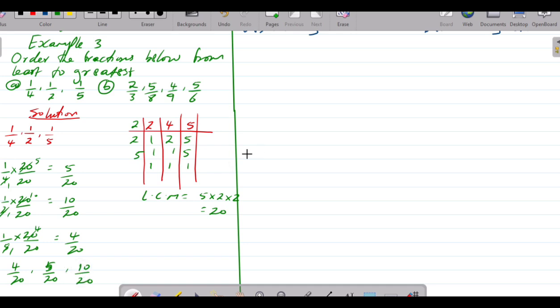And what does this imply? This is also equivalent to 1 over 5, 1 over 4, and 1 over 2. So this has been arranged in ascending order.